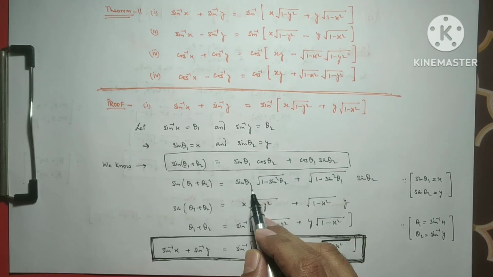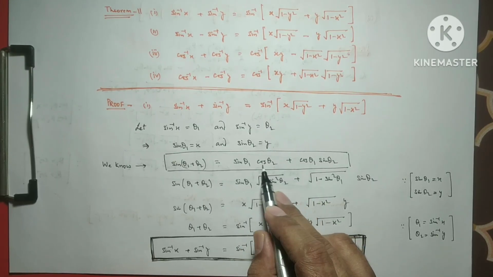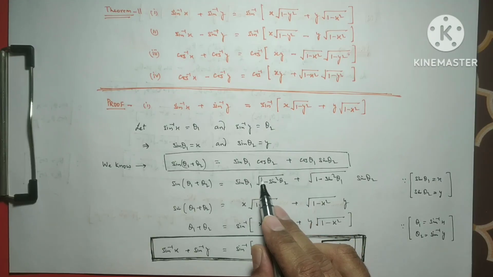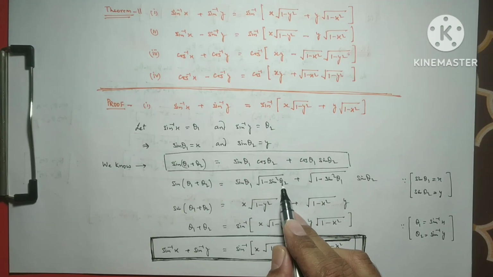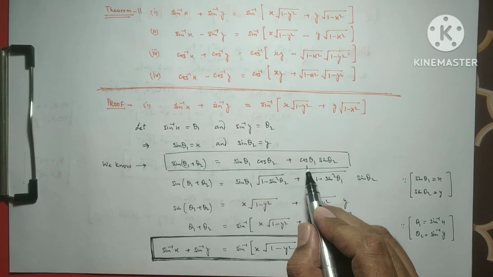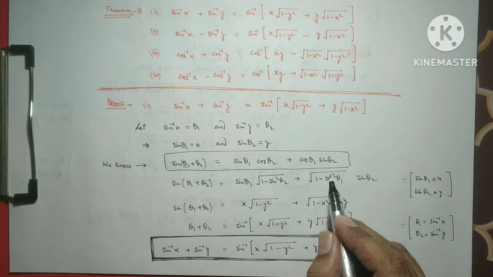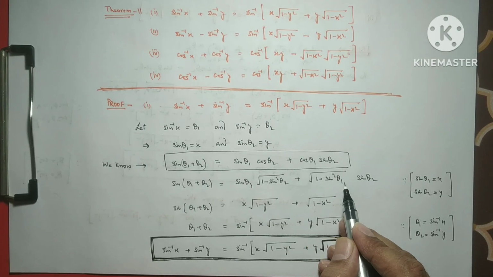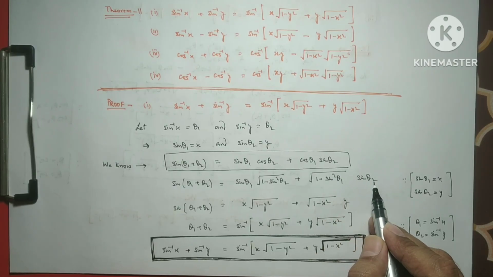So it is sine theta 1 as it is, and in place of cos theta 2 we substitute under root 1 minus sin square theta 2, and in the same way plus, we substitute cos theta 1 as under root 1 minus sin square theta 1 and sin theta 2 as it is.